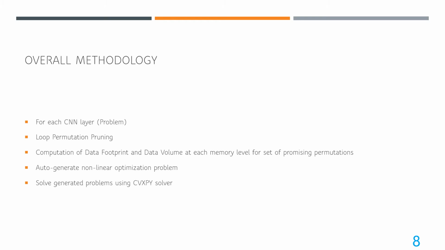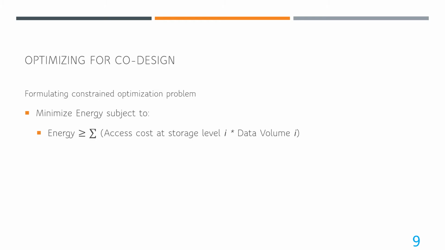We use these expressions to auto-generate a nonlinear optimization problem. We solve this optimization problem using the CVX-PI solver. We propose formulating a constraint optimization problem to solve this problem involving a humongous search space.